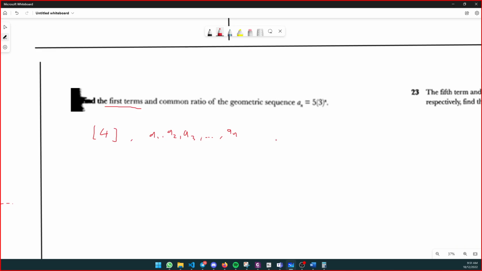So how much is A1? Let's see what A1 is. A1 equals to 5, 3, and 5, 3, 1. That's 50. A2, that's 9. 9 times 5 is 45.